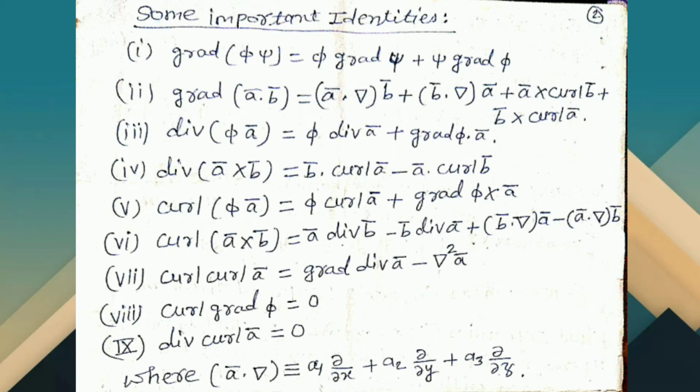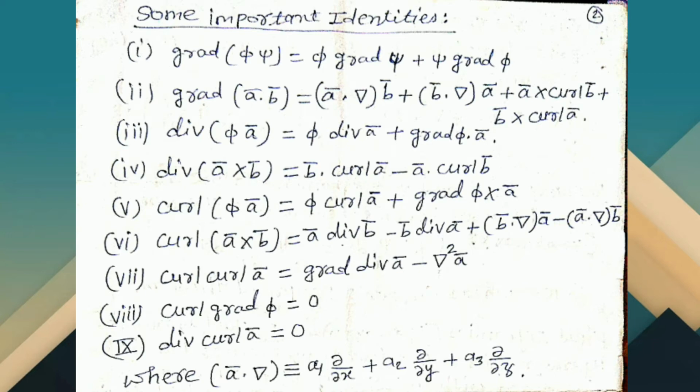Number two, gradient of a bar dot b bar is equal to, in bracket, a bar dot del, bracket close, b bar plus, in bracket, b bar dot del, bracket close, a bar plus a bar cross curl b bar plus b bar cross curl of a bar.